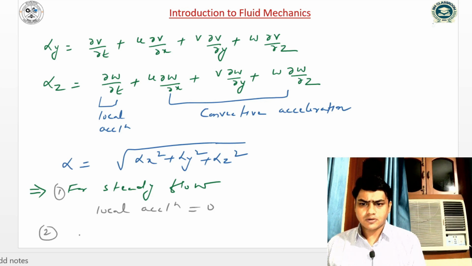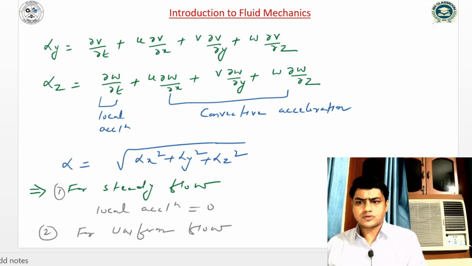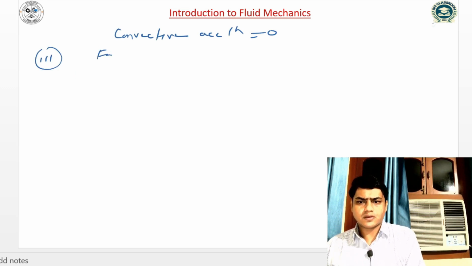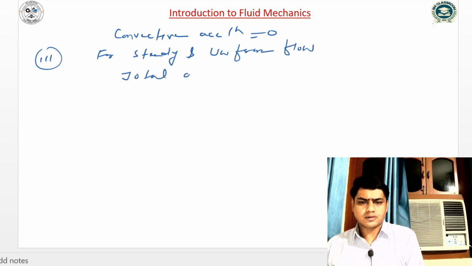Second case, for uniform flow, the convective acceleration will be 0. And for steady and uniform flow, the total acceleration will be 0.